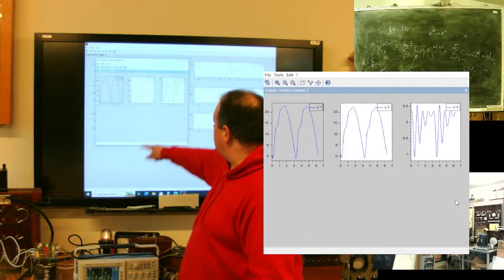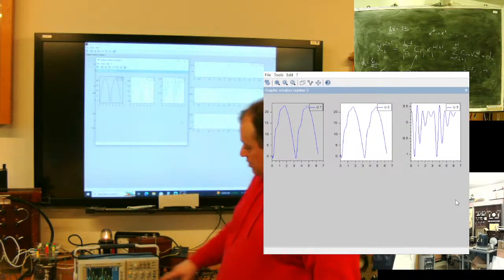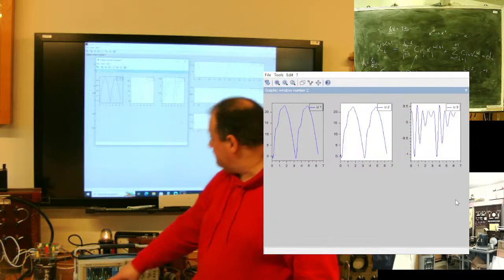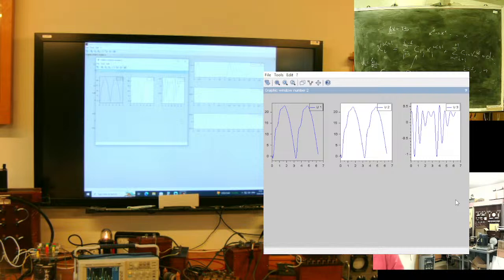This yellow line corresponds to this voltage. And blue line corresponds to this current. What can you tell about my calculus? It works?